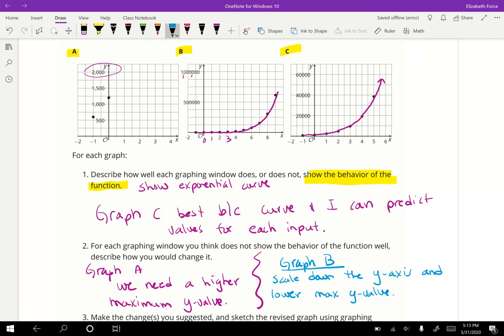We don't need to have our maximum all the way at 1 million, because it's going to take a decent amount of years for that exponential graph to reach 1,000,000, and it's not giving us an ability to actually read the volume at year 1, year 2, year 3, year 4. It looks almost like a straight line for the first 5 years.